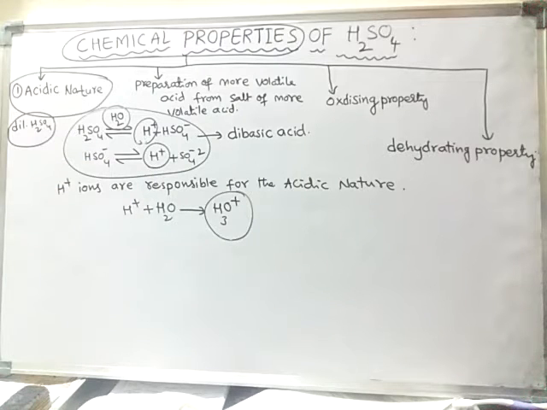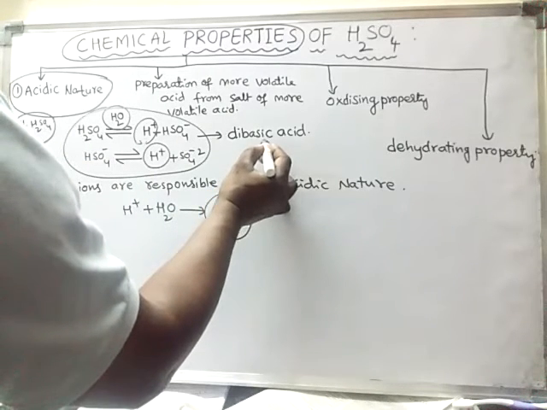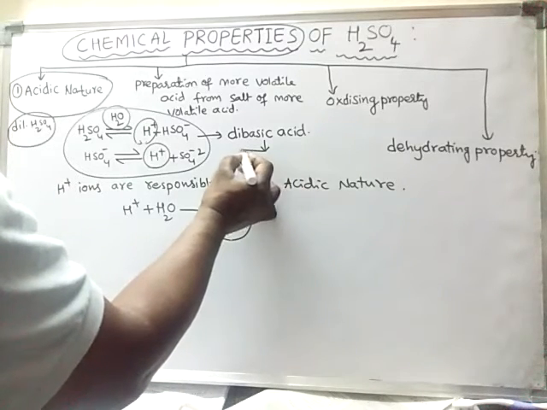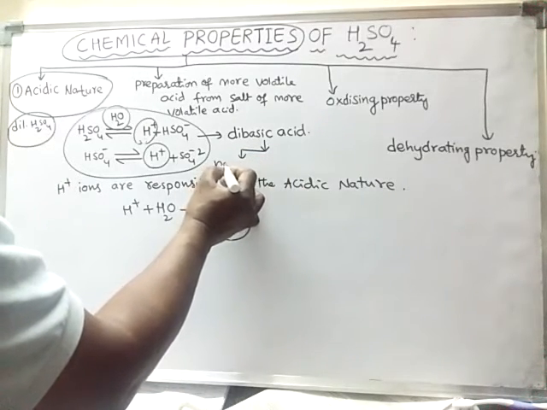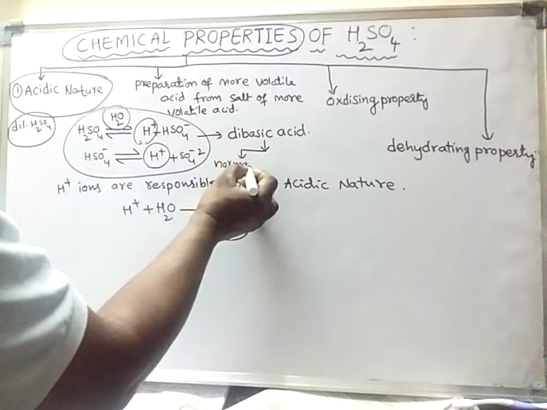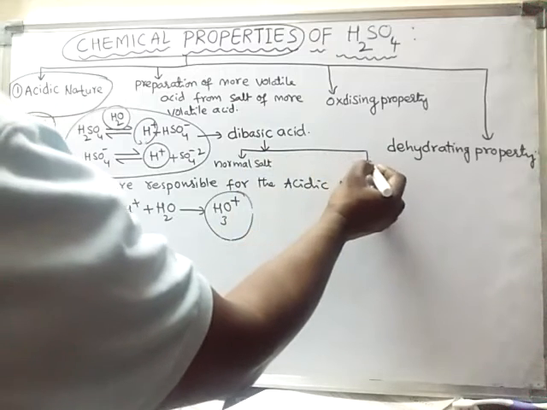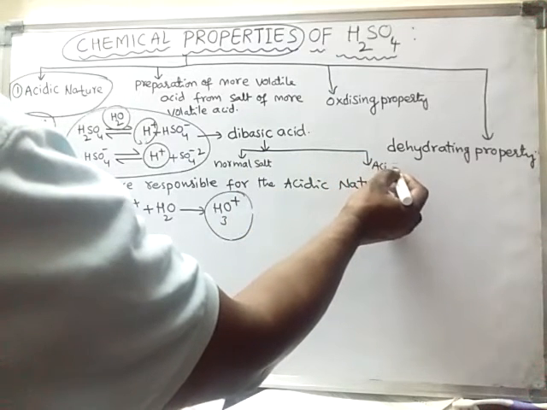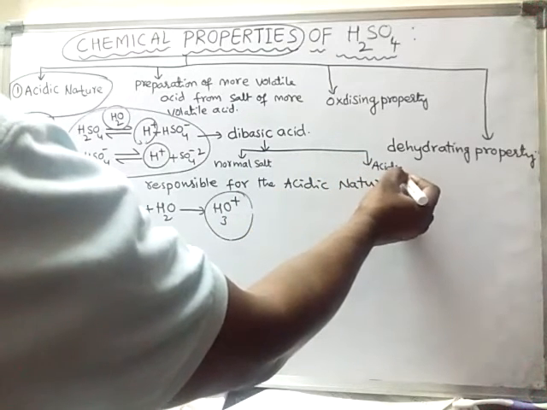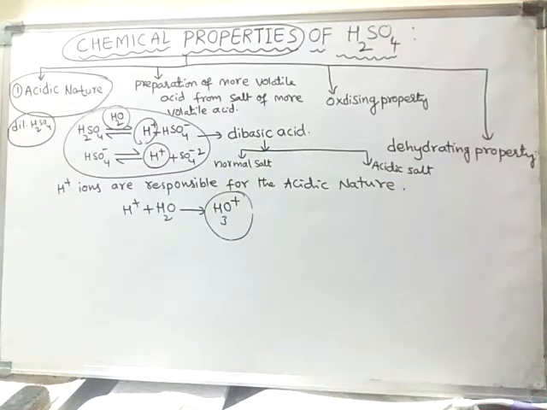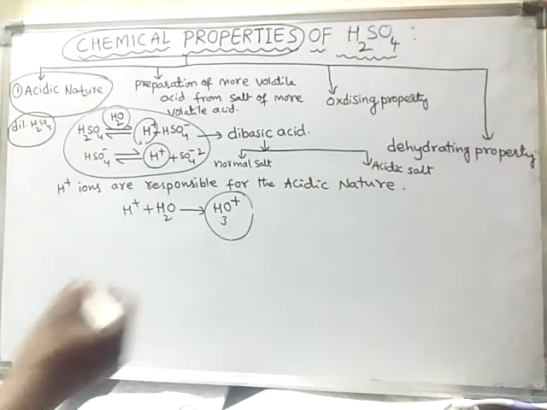Generally dibasic acids will produce two types of salts. One is normal salt and another one is acidic salt.